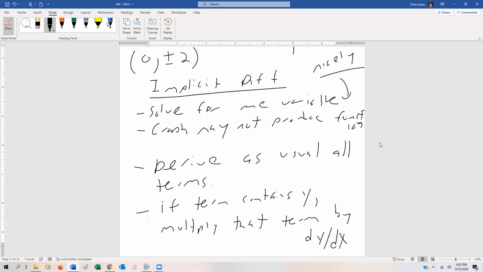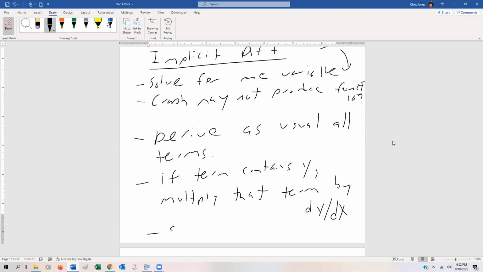It's actually a pretty simplistic process. And then finally, at the end, we solve for dy dx. That's how we can find an implicit derivative.